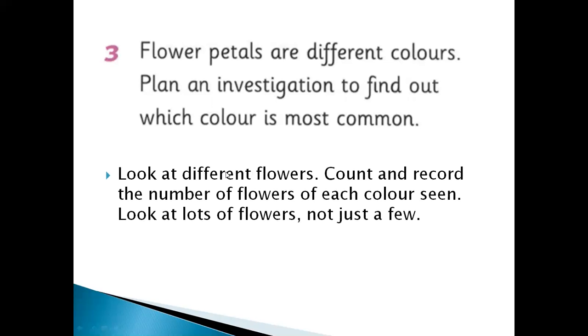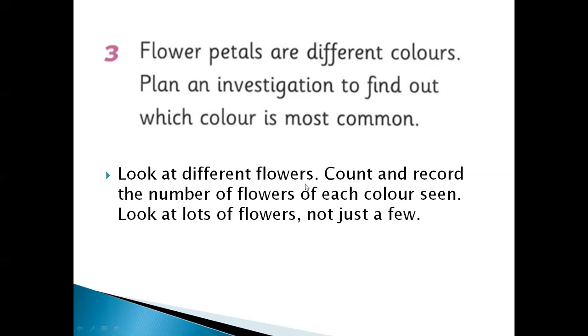So look at different flowers. First of all, you need to collect them. Count and record the number of flowers of each colour. Look at lots of flowers, not just a few.